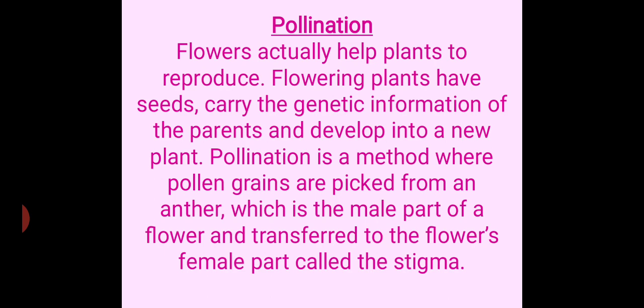So, in gist I can say pollination is the method where pollen grains are picked from the anther, which is the male part of a flower, and transferred to the female part, that is stigma. So, nothing but transfer of the pollens from the male part of the flower to the female part.